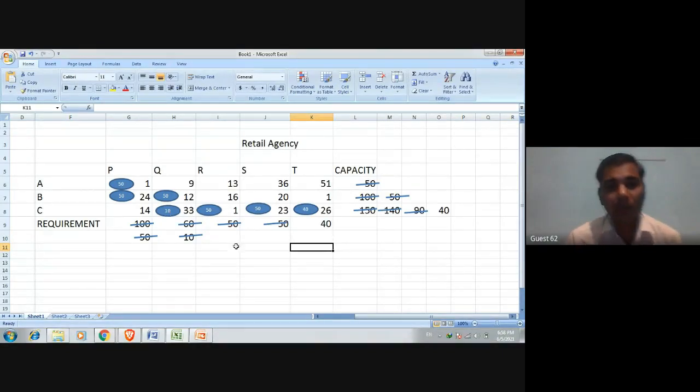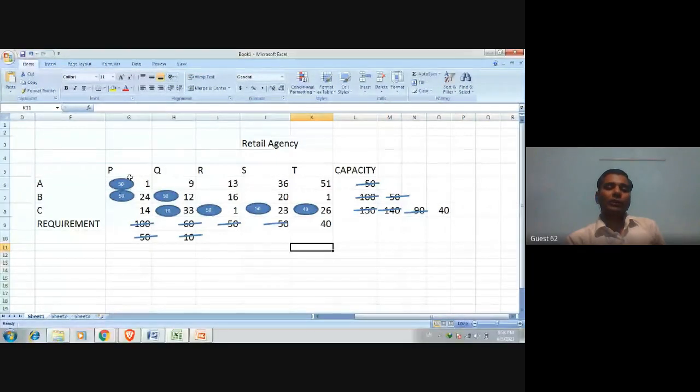Now, what is the requirement of retail agency R? 50 units. So a total of 50 units are supplied by warehouse C to the retail agency R. R has all the units from one source, that is C. Here P has got all units from two sources, Q has got all units from two sources, but the retail agency R has got all the units from one source.